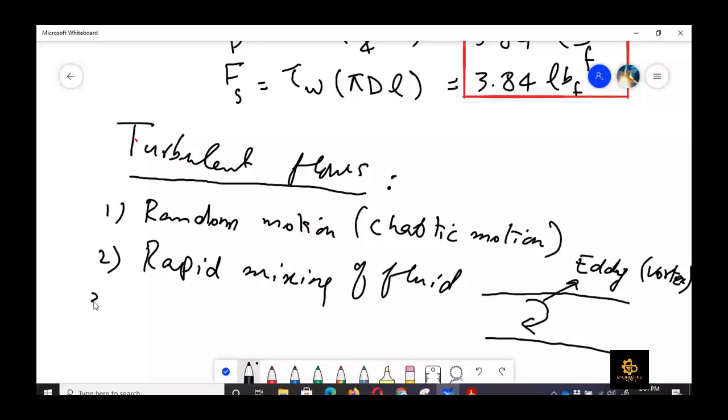The third thing, which is a consequence of this, is fluctuations in flow.